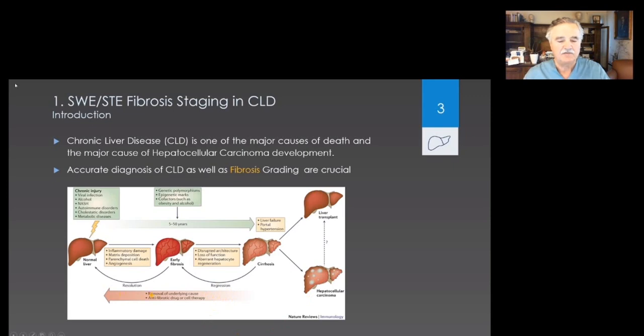If we achieve the removal of the underlying cause, for instance, viral infection, alcohol, or NASH, we can treat fibrosis and steatosis, and we need a tool in order to validate the efficiency of those treatments, through liver with less fibrosis, even through normal liver.